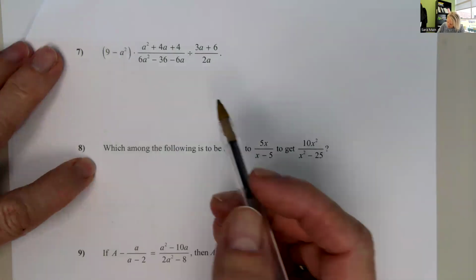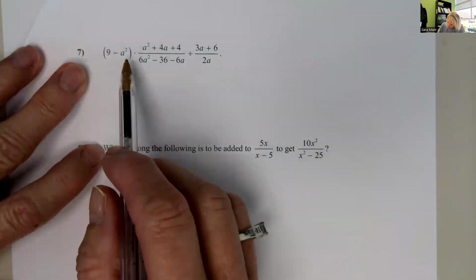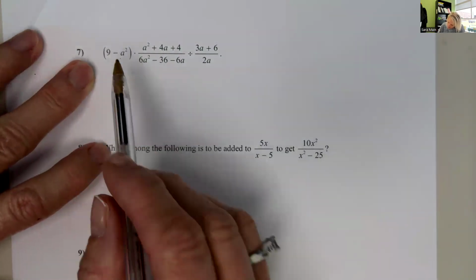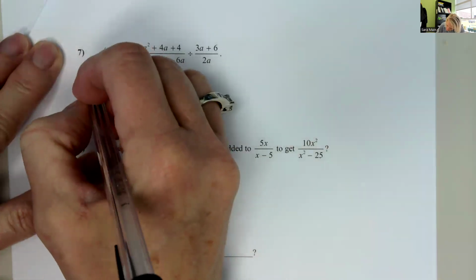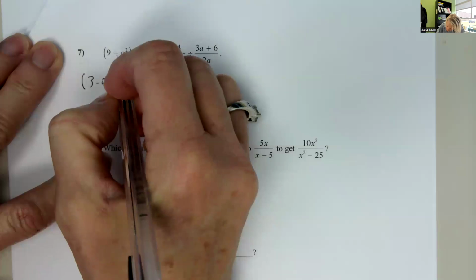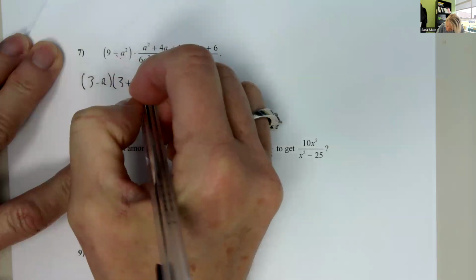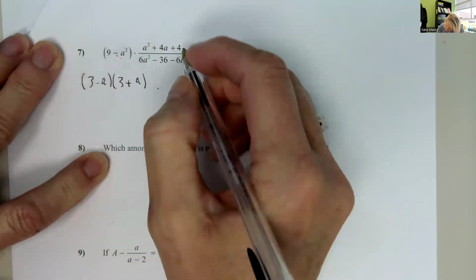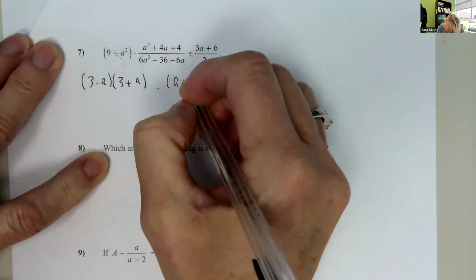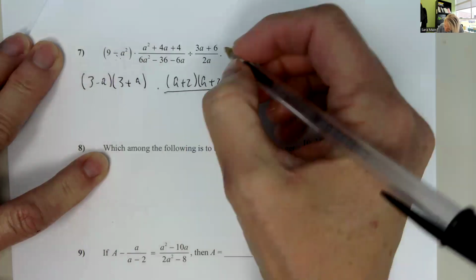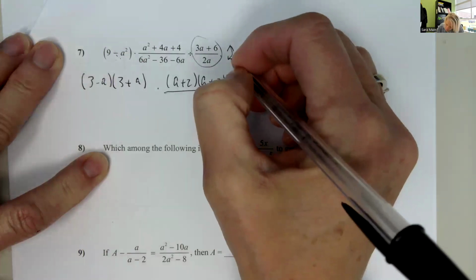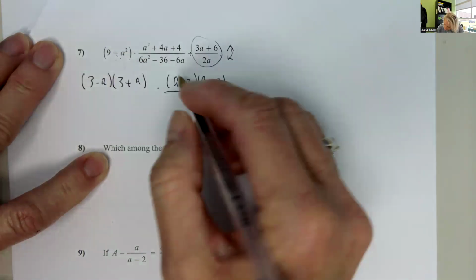So on this one, we're going to go ahead and factor this. So this will be 3 minus a, 3 plus a, and then a plus 2 and a plus 2. And remember, we have to flip that around because this is dividing.